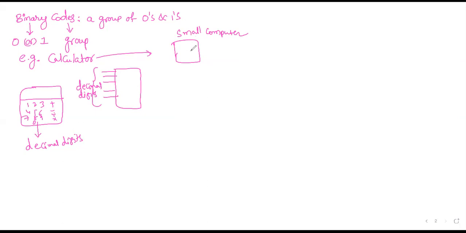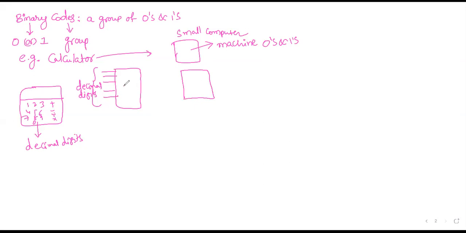Small computer. Computer is a machine. The machine will understand only the machine language, that is zeros and ones. It will understand only zeros and ones. So the decimal digits which you are applying to the computer present in the calculator are not understood.